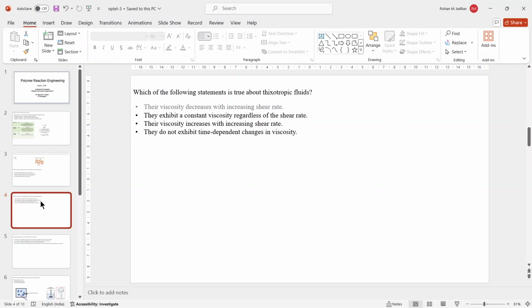Most popularly, you might have known about the Bingham plastic, pseudoplastic, and then we have the dilatant fluids also. These fluids do not show any kind of time-dependent properties. They are quite straightforward in their behavior, as in the Bingham plastic requires a threshold shear stress, after which it starts moving.